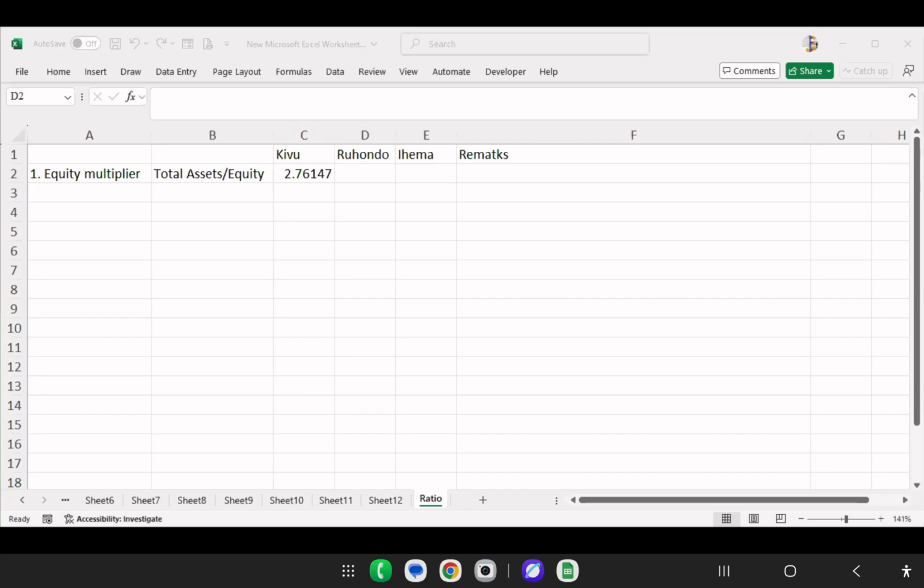37.3 over 16.5. Is it 37.3 over 16.5? Total assets for the other one 33.7, equity 13.7. 33.7 over 13.7, like that.